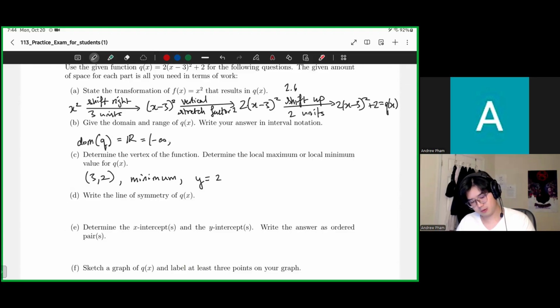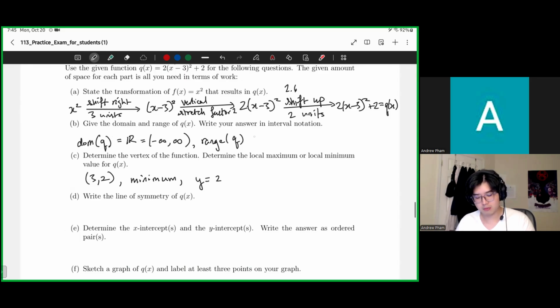Also by a previous discussion, we said that Q was a positive quadratic, which means the vertex is a minimum. So my lowest point is a minimum, and my highest point is infinite. So no need to do work for this. This is just purely conceptual understanding.